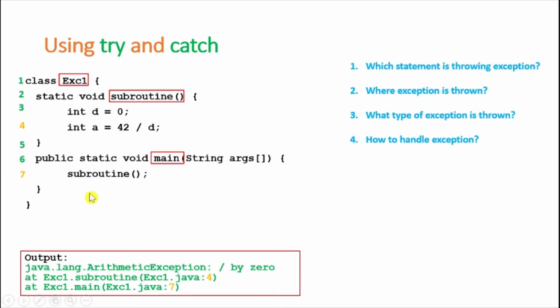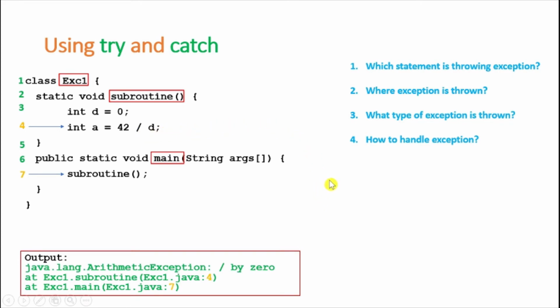At line number 7, main method is calling subroutine method, and control jumps inside the subroutine method, and statement int a equal to 42 divided by d at line number 4 is throwing arithmetic exception. Right? Yeah.